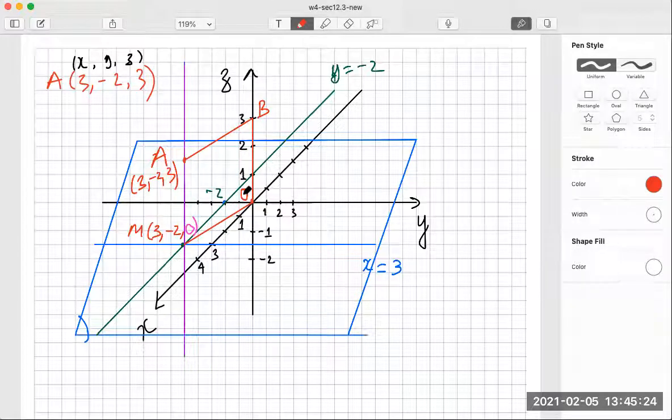Going straight up. And the vector or the line AB will be parallel to OM. It should retain these properties. Okay? That is how you can find a coordinate and construct it properly. And we did it yesterday.